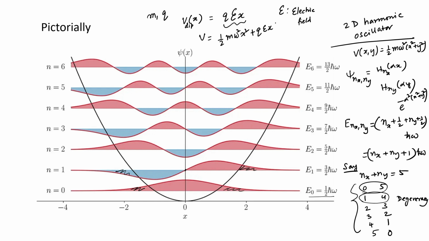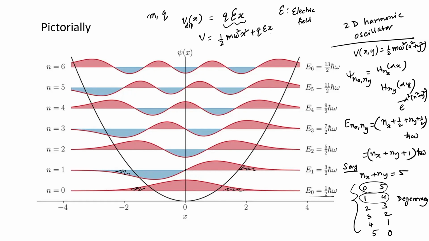Now, the question is whether you can solve this problem exactly, and it turns out that it is not a difficult problem to solve. You just have to complete the square. If you add and subtract some terms such that you can write this as some (x plus x naught) whole square, then it still looks like a harmonic oscillator with energies given by (n plus half) ħω, excepting that now the oscillator will no longer execute oscillation about x equal to 0; the equilibrium point would now be shifted to some x naught.